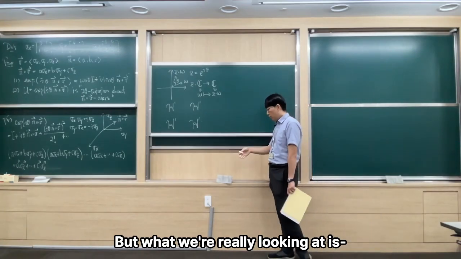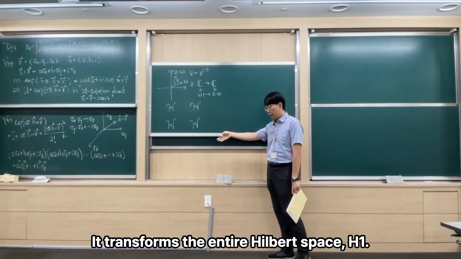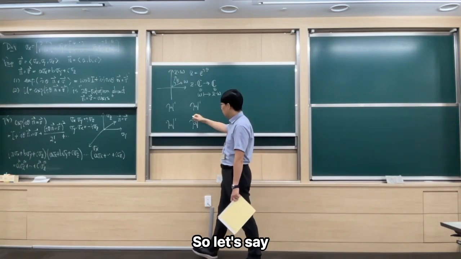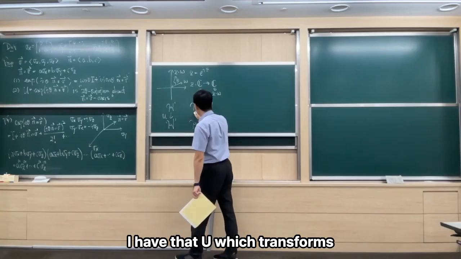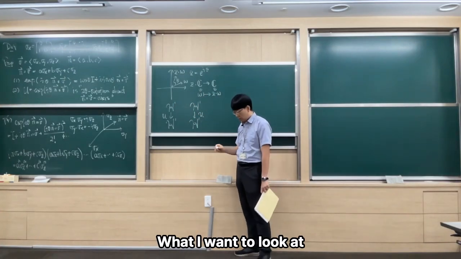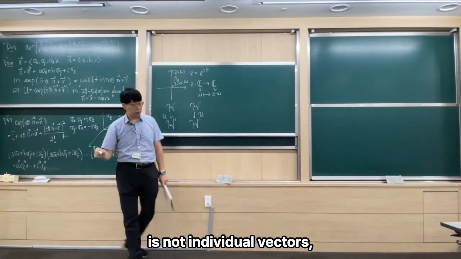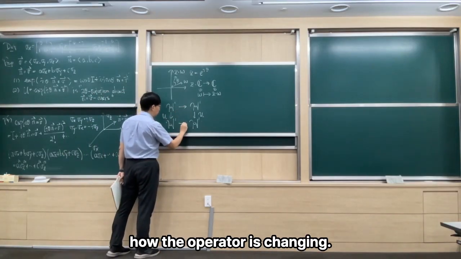But what we're really looking at is that it transforms the entire Hilbert space, H1. So let's say I have that U, which transforms the entire Hilbert space. What I want to look at is not individual vectors, but how the operator is changing.